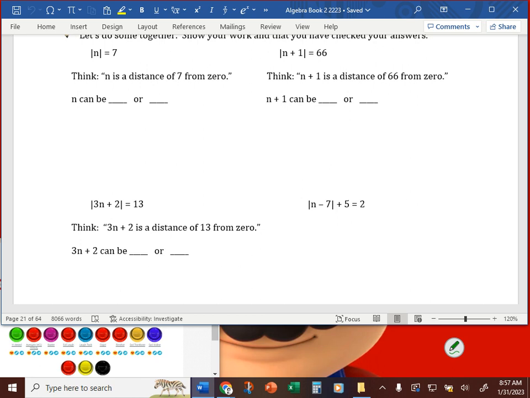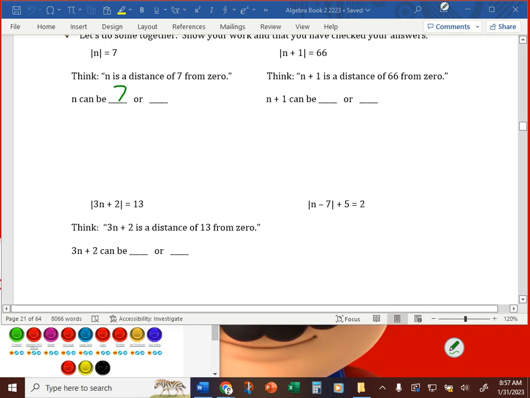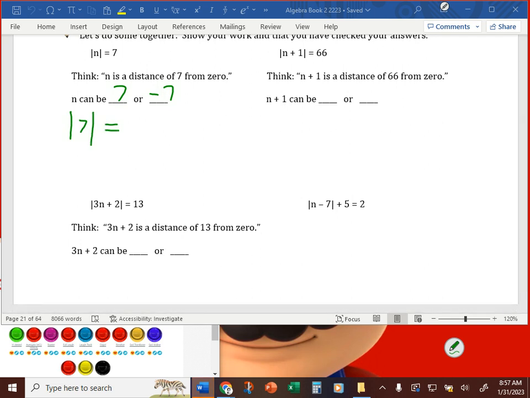Because what 2 numbers are a distance of 7 from 0, Tristan? 7. Right. n can be 7 or -7. Because if we plug in +7 or we plug in -7, what's the distance of 7 from 0? 7.